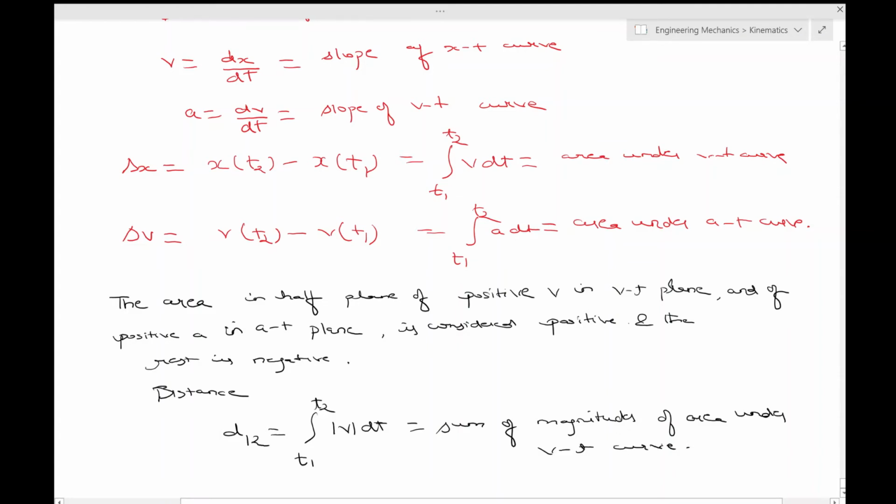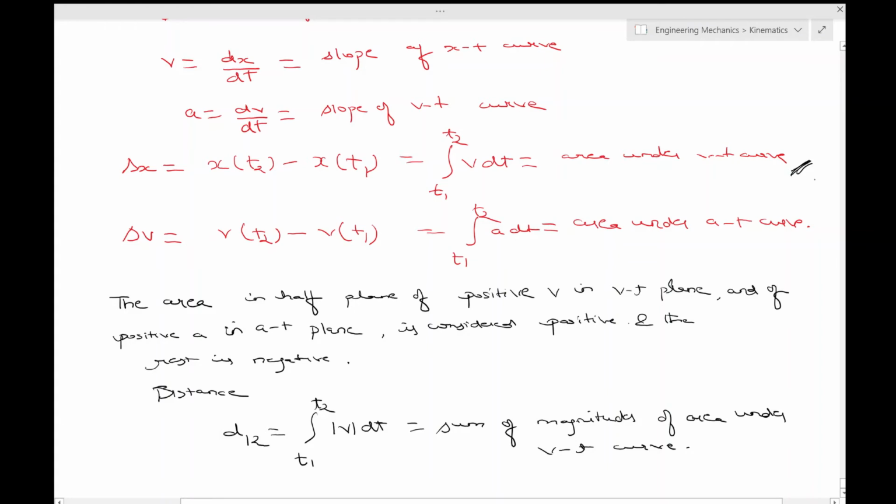So do the positive and negative parts separately and add the values without considering the signs. That will be the distance. But for displacement, you can already see that you should have derived it using the path coordinates as just the area under the curve.